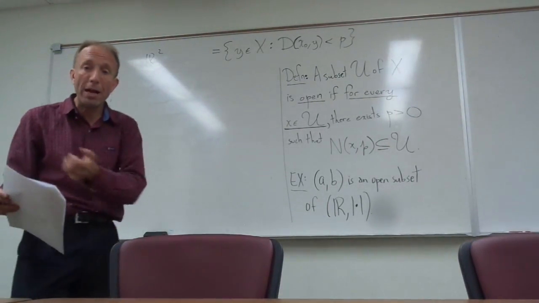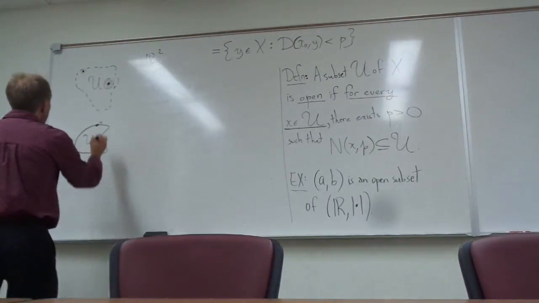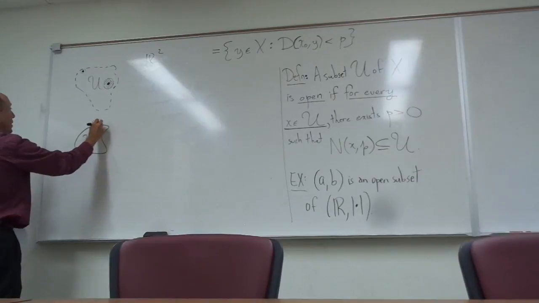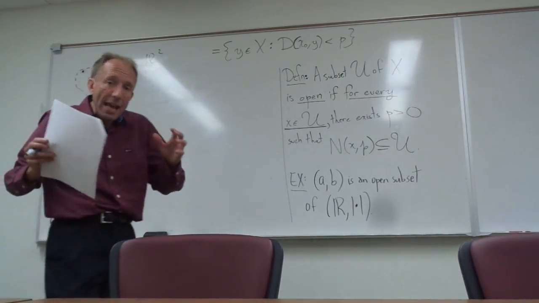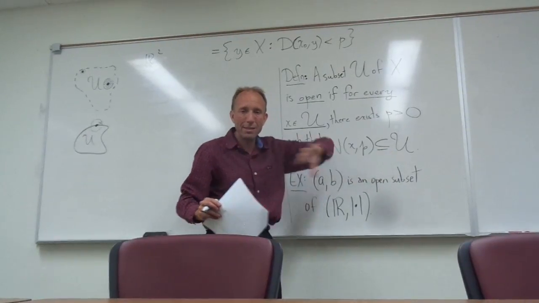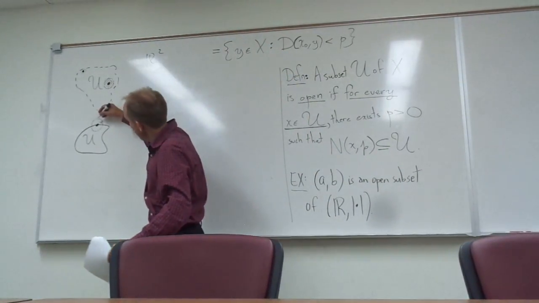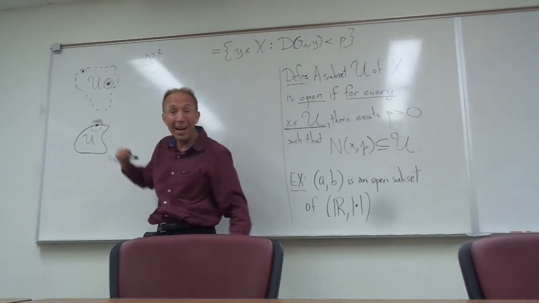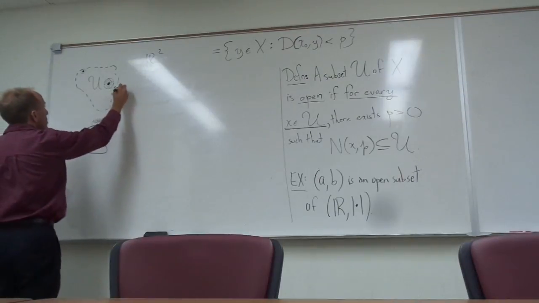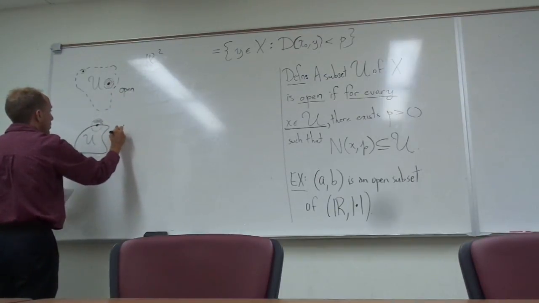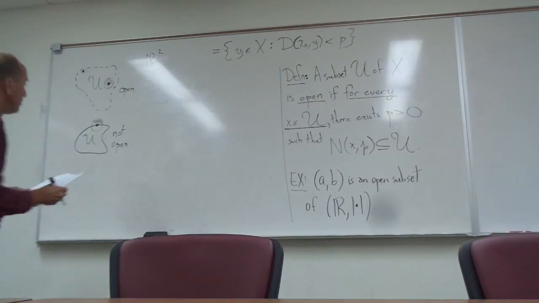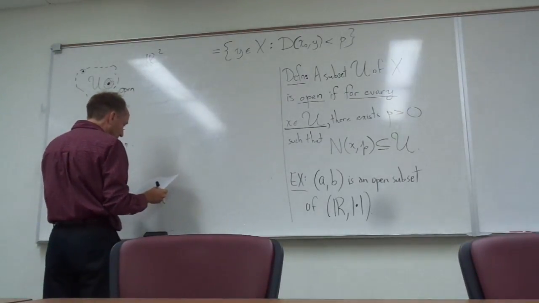And if I include the boundary as part of the set, well now, no matter how small of a disk I try to draw around that point, that disk is not staying completely inside of the set U. It's slipping outside. There's some part of that disk that's outside the set U. So this would not be open. Okay, so this is open here. This one would be not open. So that's just another example.